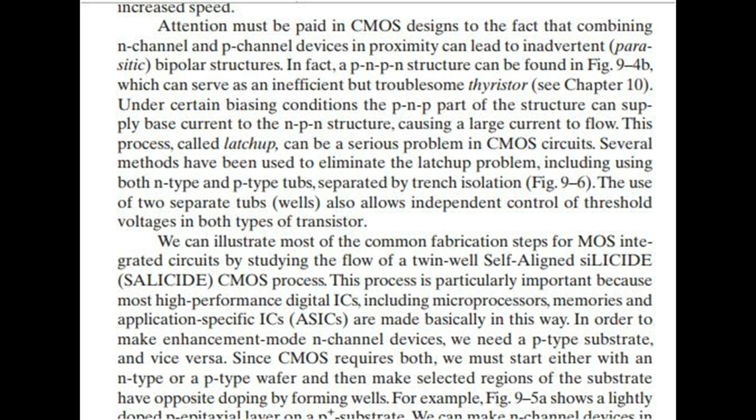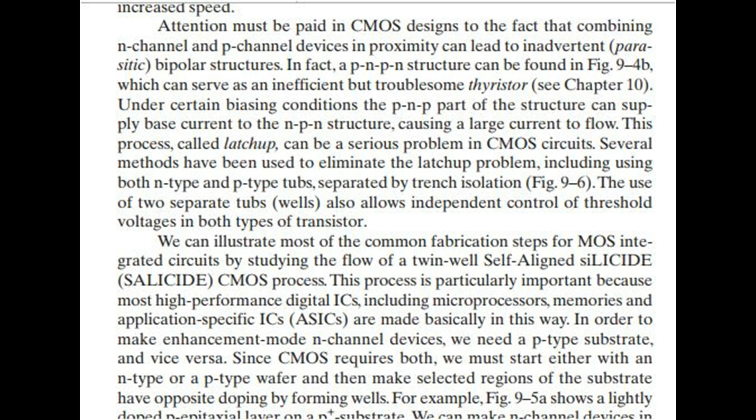We can illustrate most of the common fabrication steps for MOS integrated circuits by studying the flow of a twin-well self-aligned silicide, salicide, CMOS process. This process is particularly important because most high-performance digital integrated circuits, including microprocessors, memories and application-specific integrated circuits, ASICs, are made basically in this way.